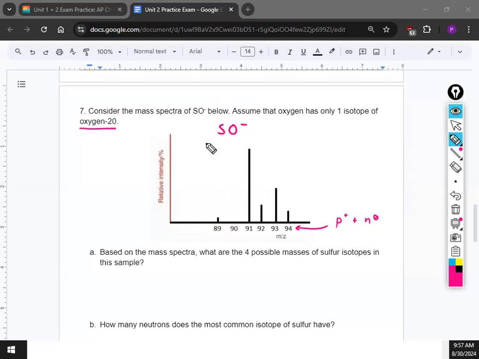So there are 2 elements involved. Which means that every single one of these columns is telling you the combined weight of S plus oxygen. Okay, so these bars are telling you the mass of S plus oxygen. Make sense?